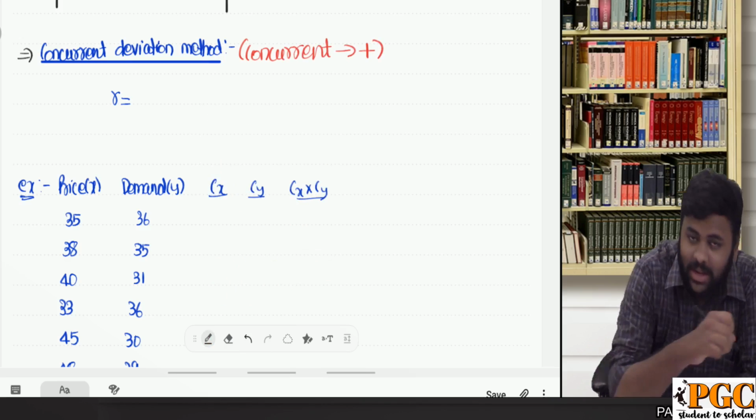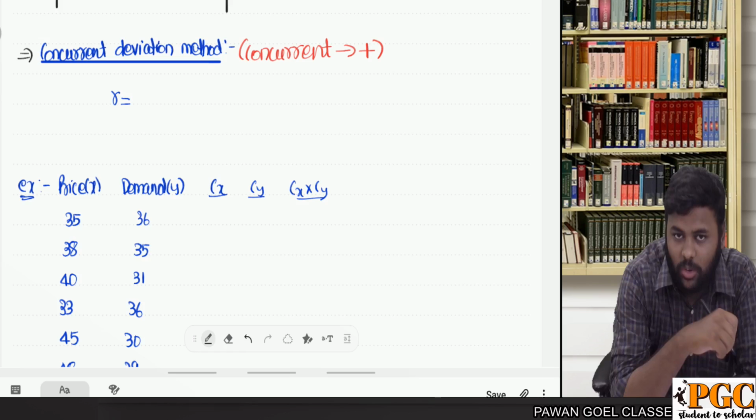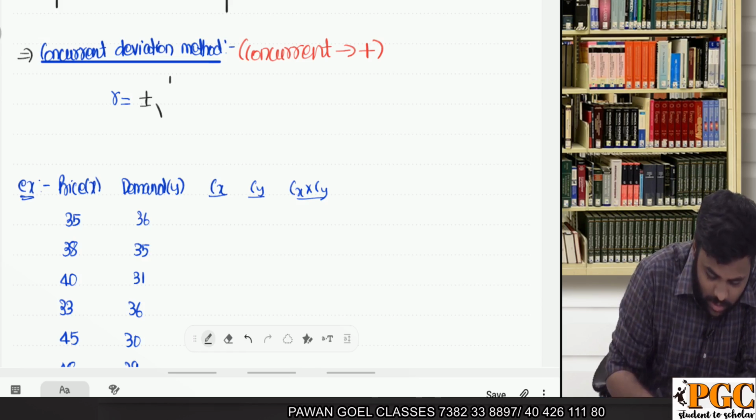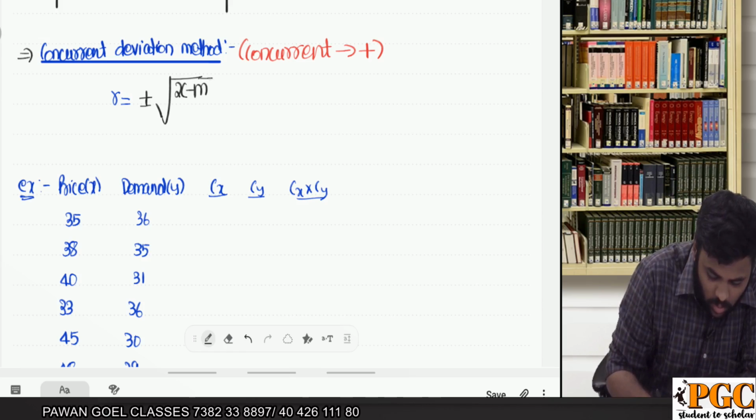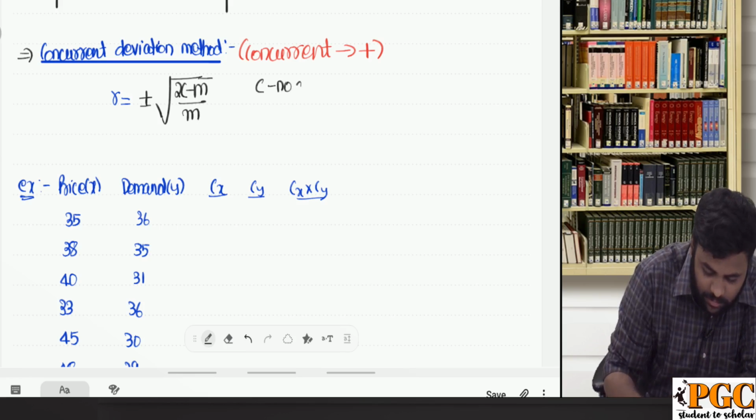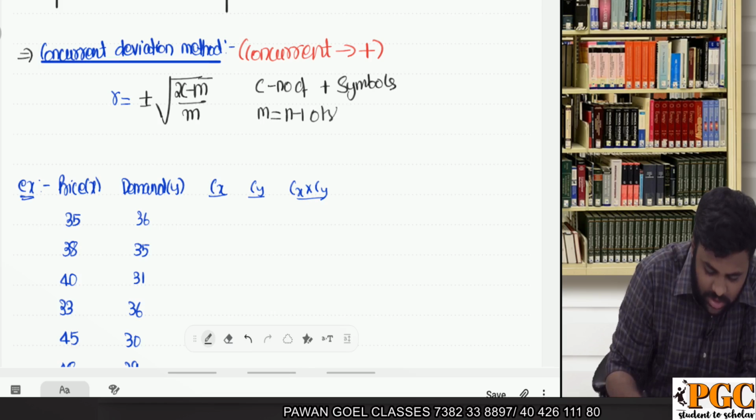So in concurrent deviation, how will you calculate the correlation? The value of r is supposed to be plus or minus root of (2c minus m) whole divided by m. Now c is nothing but number of concurrence, that is number of plus symbols, and m is supposed to be n minus 1 observations.